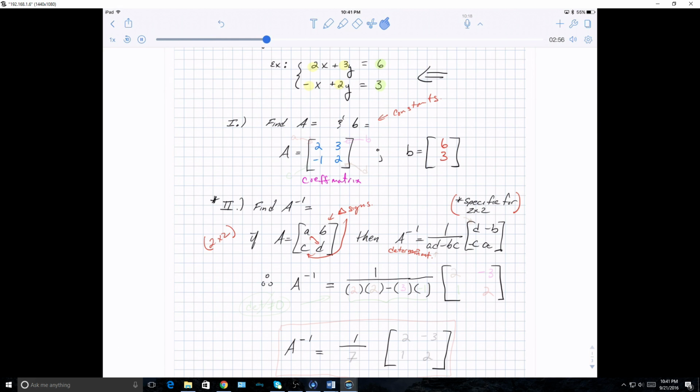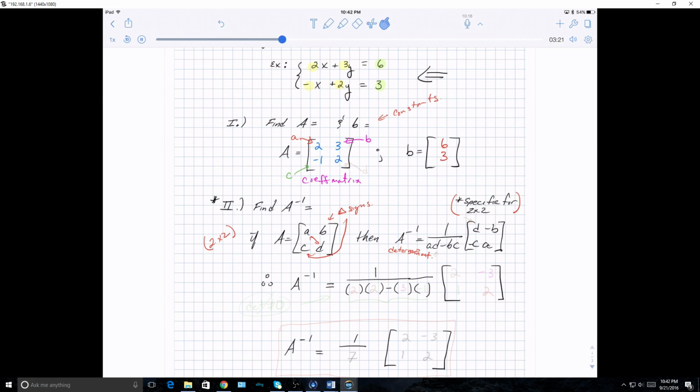So in our matrix here, let me see if I can use different colors. I think that helps. So let's use red to start. So this 2 is A, and let's use pink. This element 3 is B, and green.